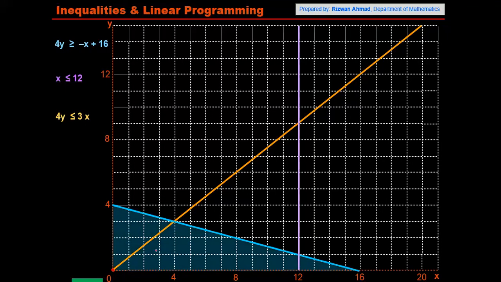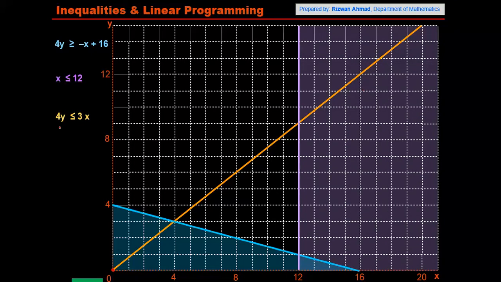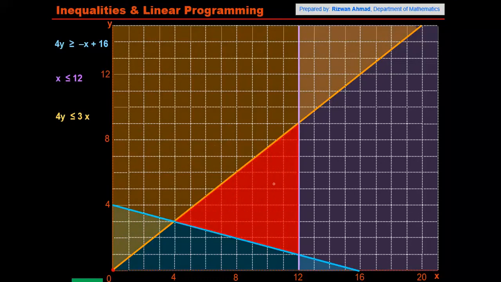So here for the first one, upper region is the wanted, so lower part we have shaded. For the purple one, left part is wanted, so right part we will shade. And for the yellow one, less than means lower region is the wanted region, so upper part we will shade. So unshaded part is this one, this red part is the unshaded one, so it means this is the required region R.